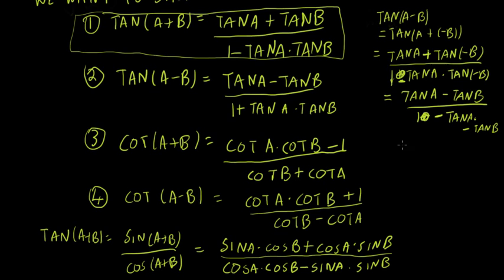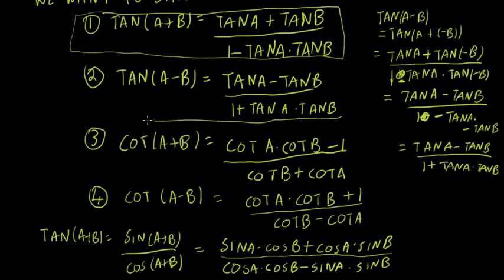These two negatives cancel, make a positive, so you're left with tangent of a minus tangent of b over 1 plus tangent of a times tangent of b. And that's exactly what this is here. So we've proven the tangent of a sum and tangent of a difference.